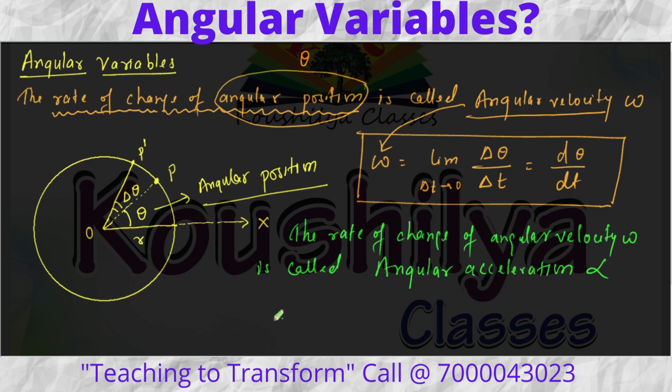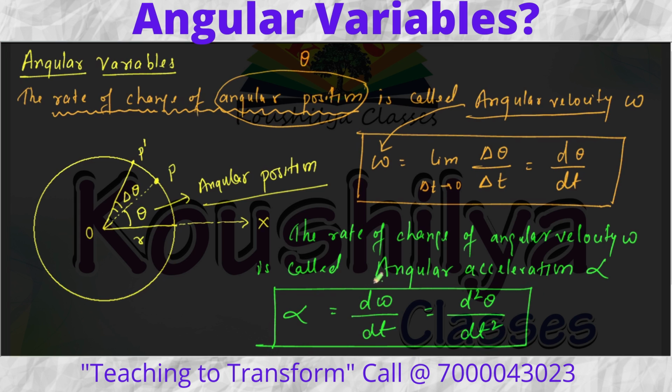So alpha can be written as d omega upon dt, or you can say double differentiation of angular position. This is angular acceleration.